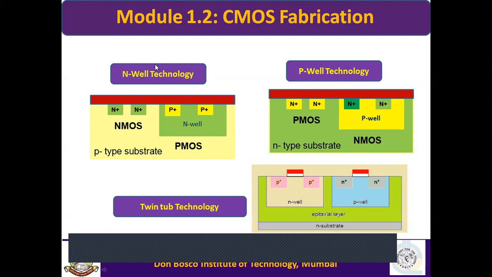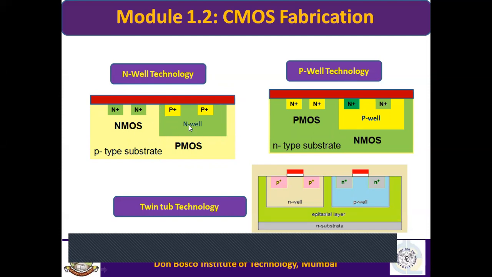One is called N-well technology. Now you understand what N-well technology is. In N-well technology, we start with a P-type substrate. Can you see the P-type substrate here? In the P-type substrate, we fabricate the NMOS transistor. And to fabricate the PMOS transistor, we create an N-well, meaning in the P-type substrate, we create an N-well.